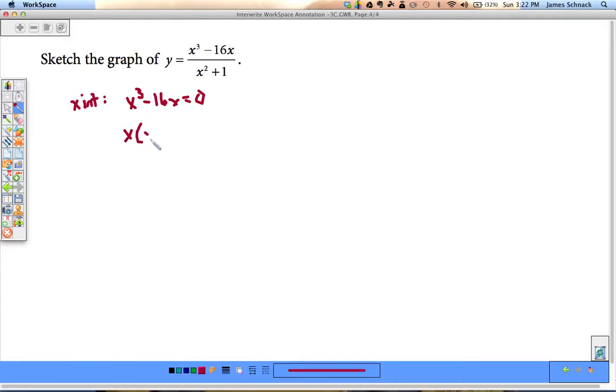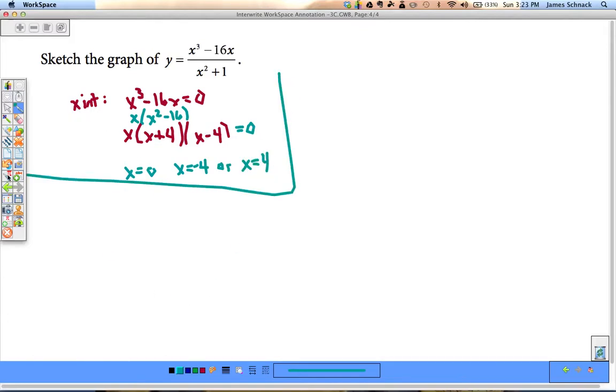And this I can factor. I skipped a step here. I pulled out an x. Then I have a difference of squares. So this is equal to 0. X could be 0, x is 4, negative 4, or x is 4.